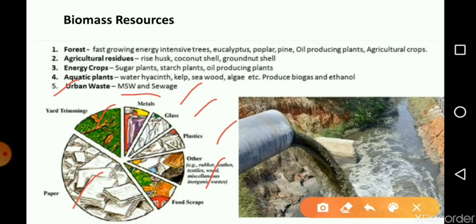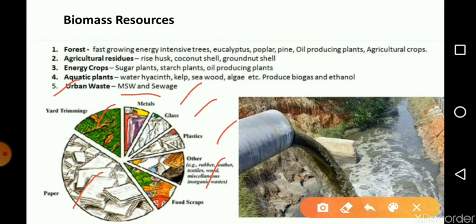So first this dry waste and wet waste are segregated, and this dry waste is applied for incineration, that is direct combustion, and the heat produced by this direct combustion can be used to drive the steam turbine to produce electricity, while the wet waste can be used in the biogas plant to produce methane gas. And this is about the municipal waste.